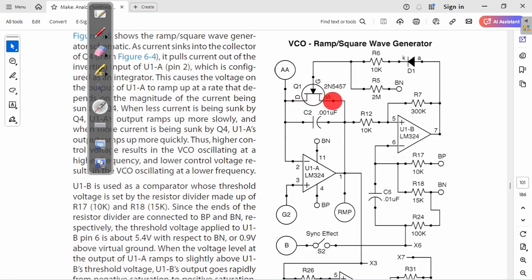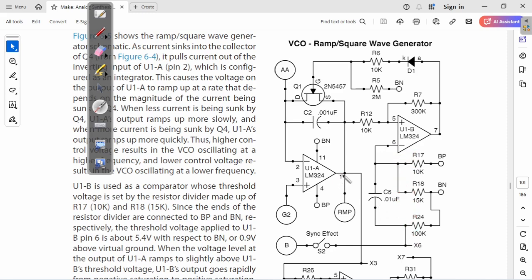So the current is going to be able to go across the drain source connection here. So what's going to happen in that case? Well, the capacitor is going to discharge into it. It's going to be instantaneous. The ramp voltage is going to go from whatever it was at its peak. So the ramp goes like this. It's going to go up and then it's going to drop.